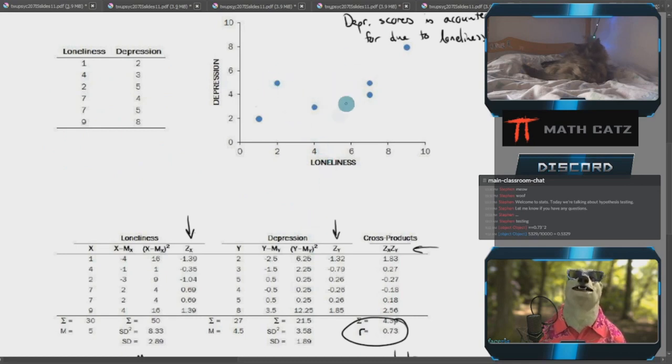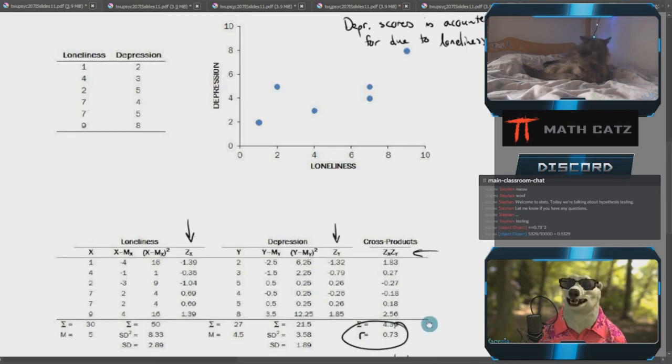There are many, many more dots. These are just a sample of 6 of those. And if you take a different sample, you'll get a different correlation coefficient. So this correlation coefficient is really a statistic.